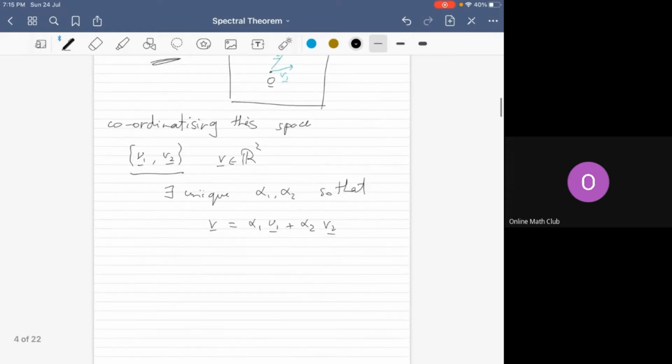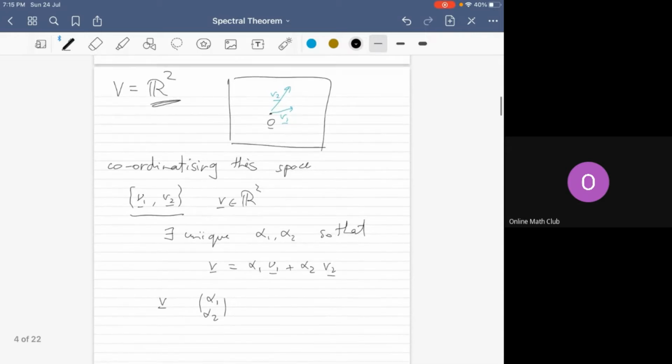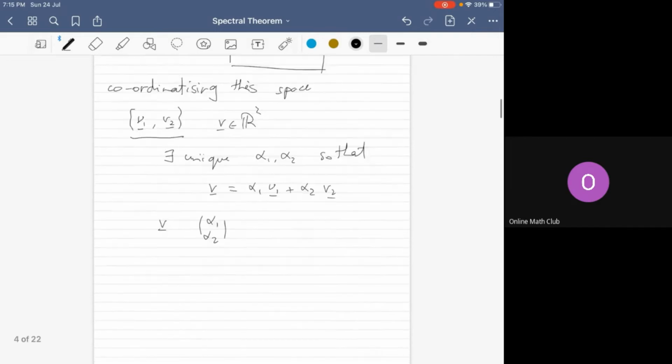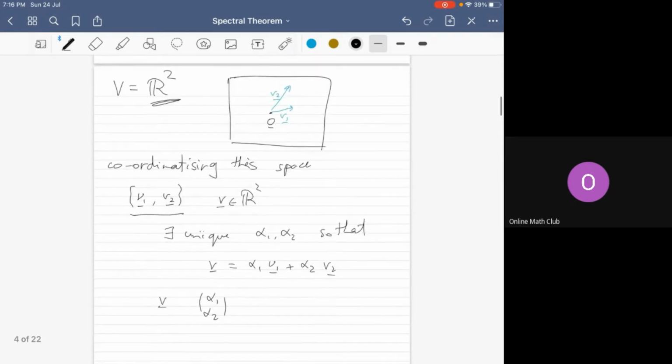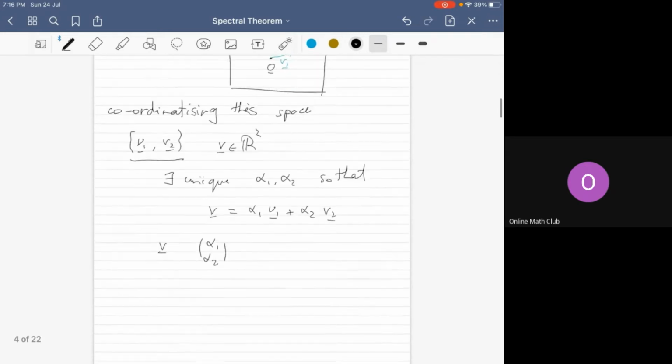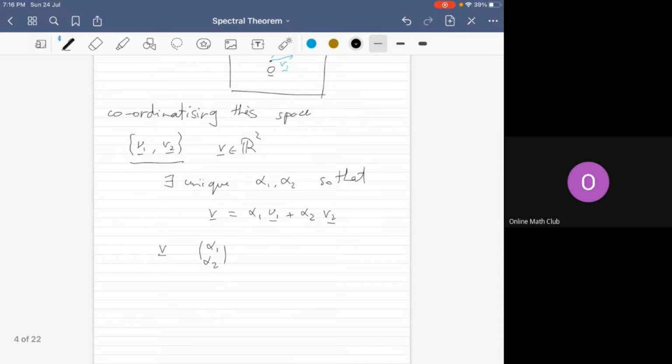And this vector will be called the coordinate vector for V. So the basic idea is that if we have a vector space and we want to convert its elements to column vectors, then by coordinatizing by choosing a basis, we can write each element as a coordinate vector.